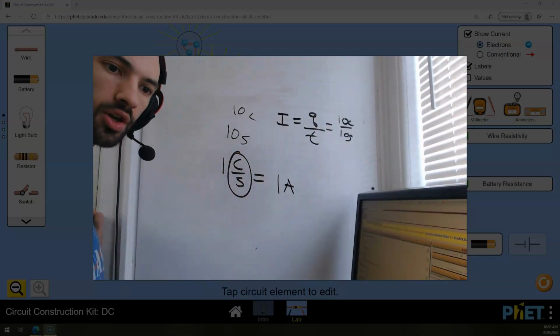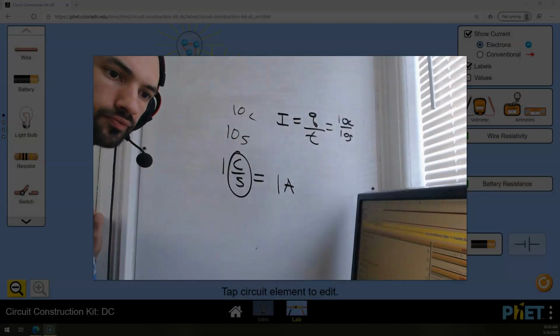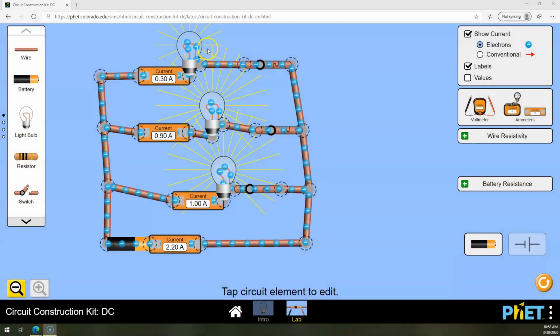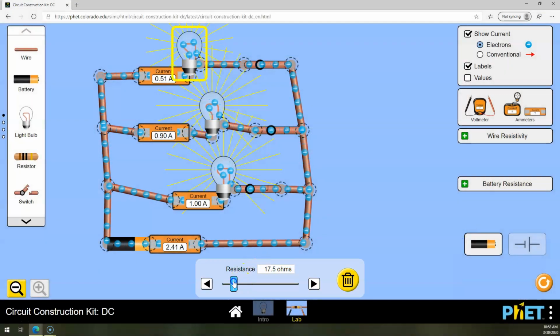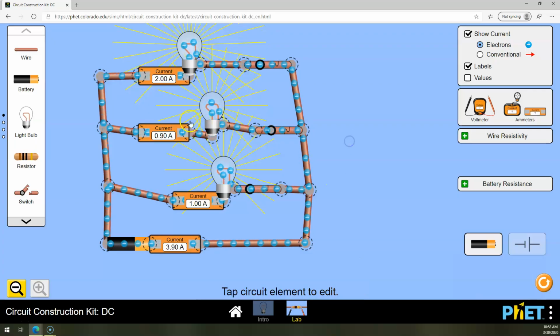All right. So maybe I go back to this other one and let's change it. Let's make it a very small resistance. Here we go. And so now I start my stopwatch, go to 10 seconds. Okay, 10 seconds went by.